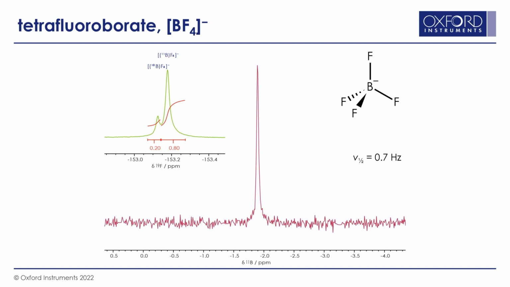This is because the chemical shift of the tetrafluoroborate anion is marginally different, by approximately 1/20th of a ppm, depending on whether there's the 20% abundant boron 10 or the 80% abundant boron 11 in the molecule, demonstrating how in the right systems, NMR spectroscopy can quantify isotopic abundances.